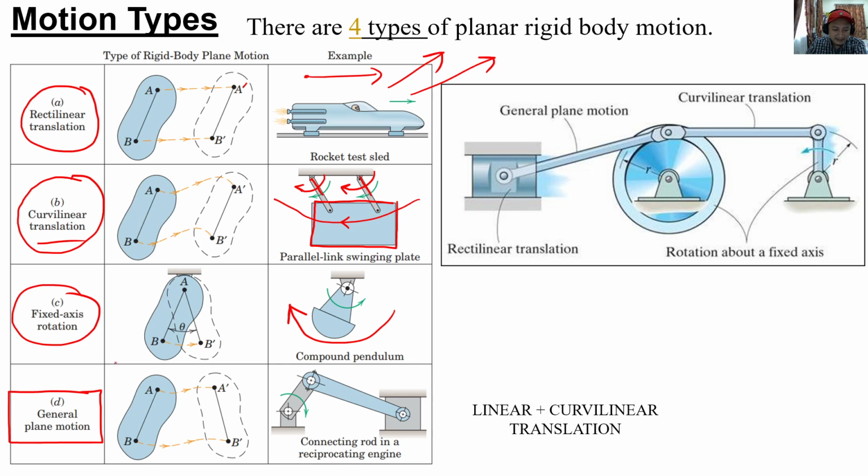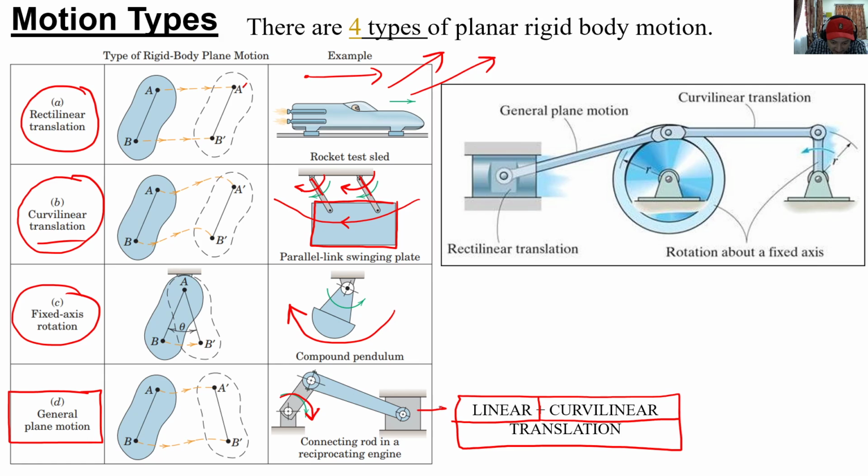General plane motion is basically you combine two things, linear translation and also curvilinear translation, which means you're doing two things. If you're looking at this, this is a rotation at a fixed axis.